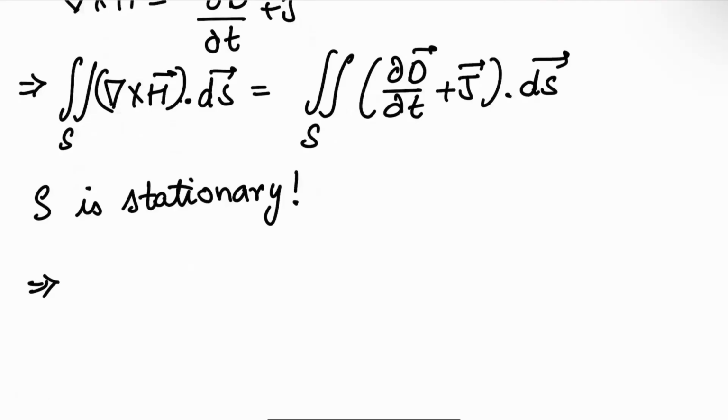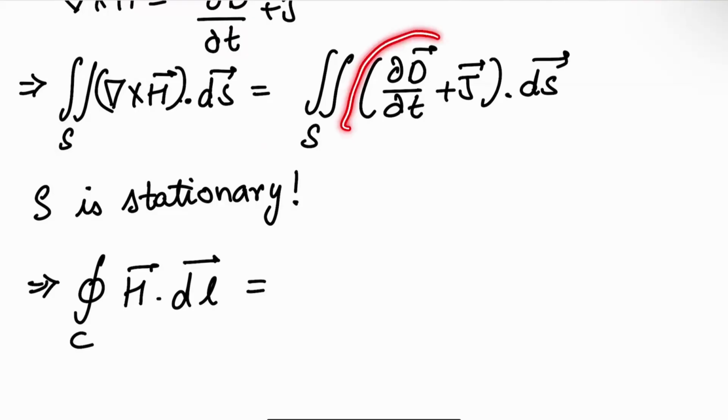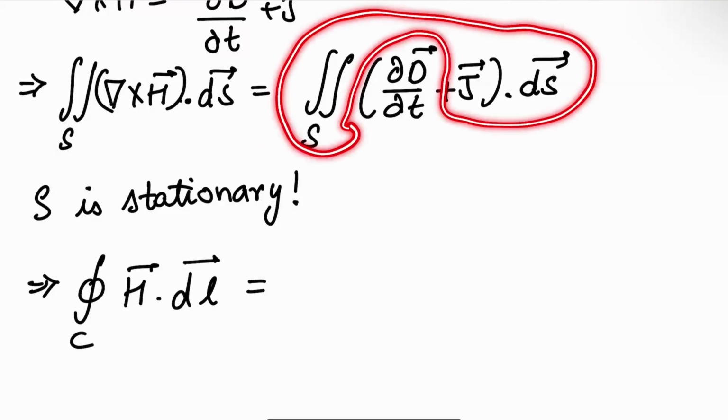So that means that I can take this derivative and pull it out. One more thing I can do is apply Stokes' theorem. So that gives me the contour integral of H dot dl is nothing but, so this integral is just the current, right?